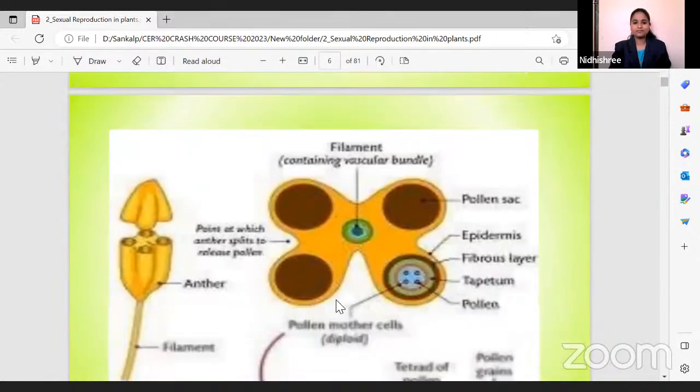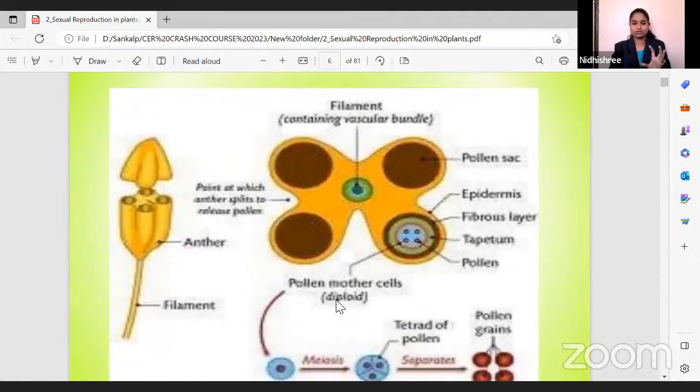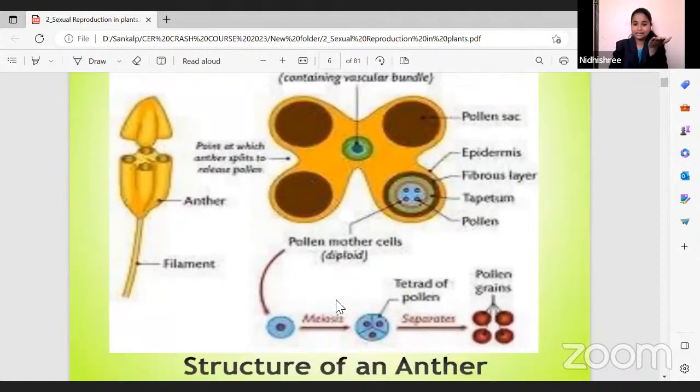Next, this is an internal structure of the stamen, when we take a transverse section of the anther, dissect it and see it under a microscope. You will get the connective, epidermis, the outer layer, and the fibrous layer. The function of the fibrous layer is that it protects the inner pollen grains.